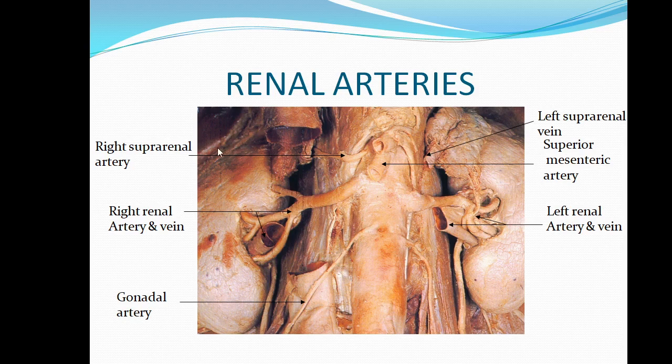Here you can see the suprarenal gland on the right side, and this is the left suprarenal gland. Here you can see the left suprarenal vein, and this is the psoas major. This is the quadratus lumborum. This is the superior mesenteric artery arising from the front of the abdominal aorta.